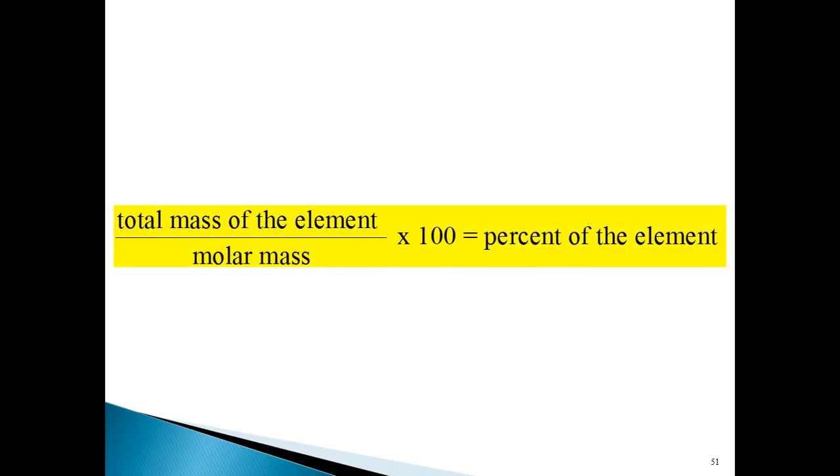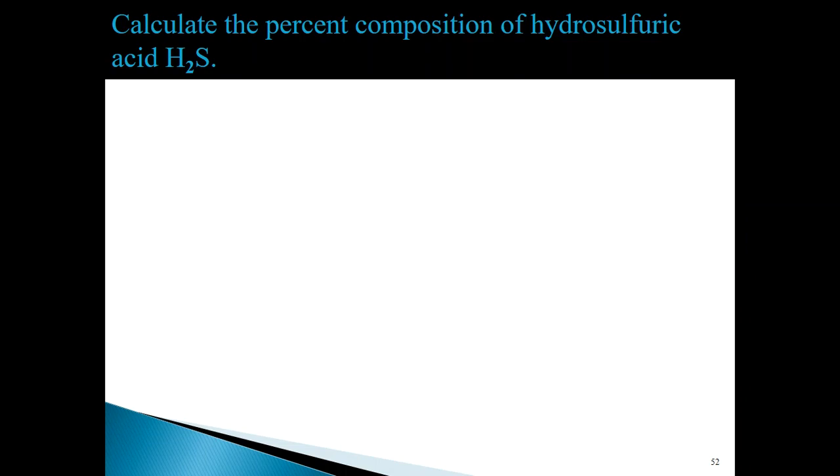So that's basically it. For each element, you take the total mass of that element per formula unit or per molecule and divide that by the molar mass, multiply that by 100, and that gives you the percent of that element in the compound.